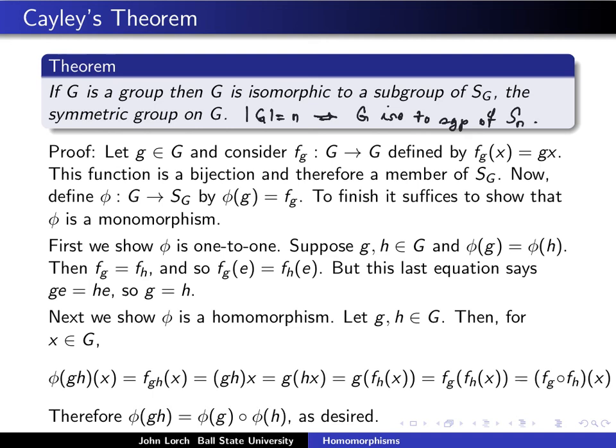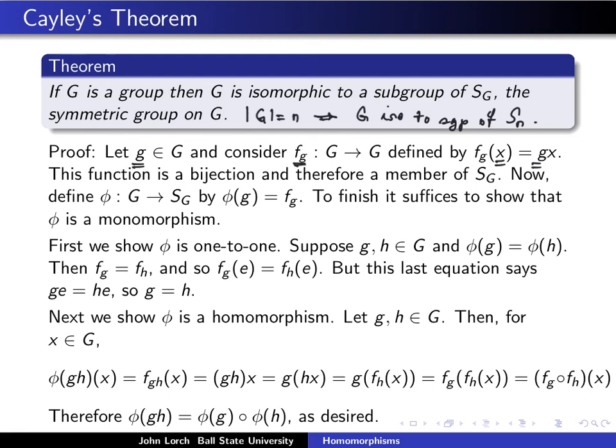Okay, to prove this theorem, we start by identifying some special members of the symmetric group S sub G. So remember, these elements of the symmetric group are functions, in fact, bijections from G to itself. So we start with little g in capital G, and we're going to define a function f from capital G to itself that takes any element x and multiplies it on the left by this fixed element, little g.